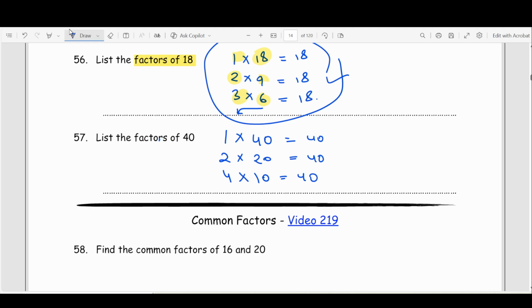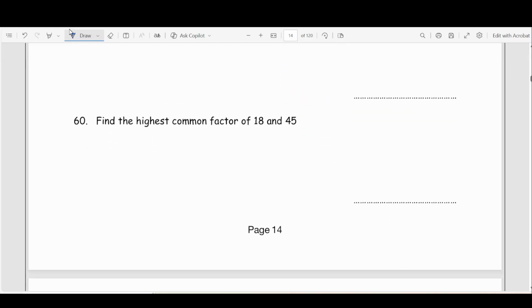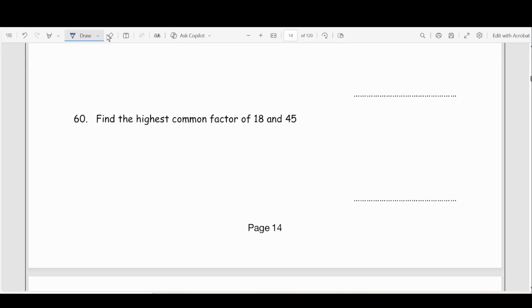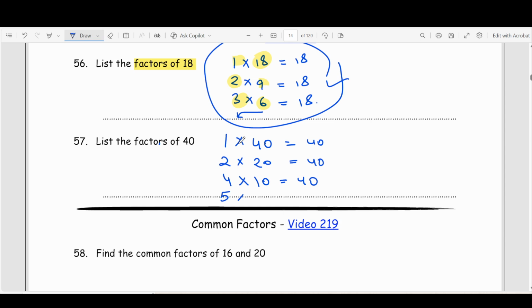And what about 5? Does it appear in 5 times table? Yes, 5 times 8, I think. Very good. So all these numbers 1, 40, 2, 20, 4, 10, 5 and 8 are the factors of 40. Clear? Clear. Yeah.